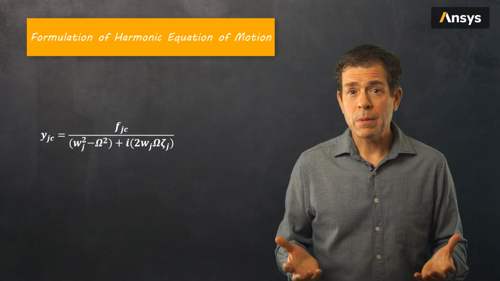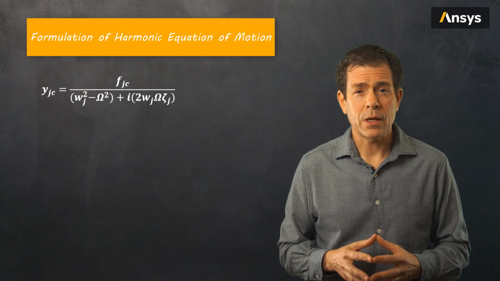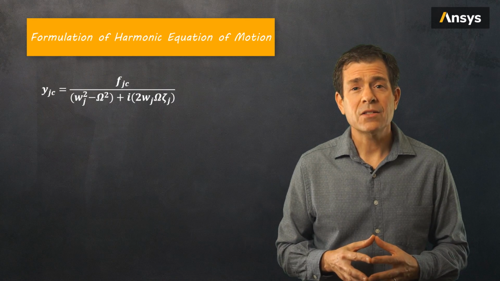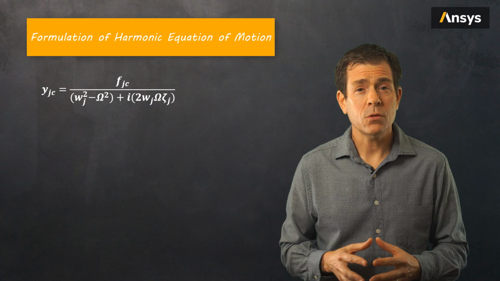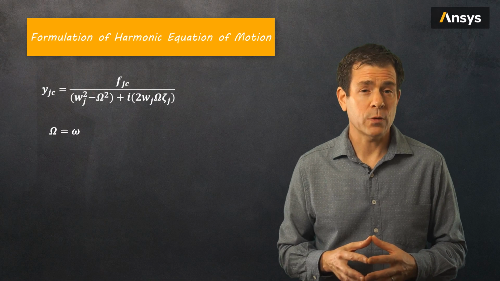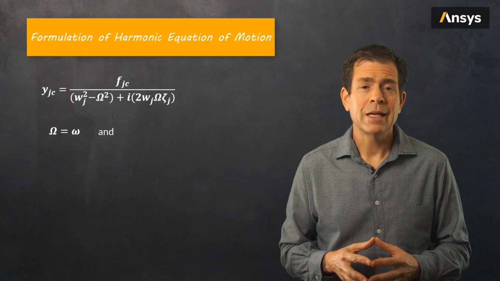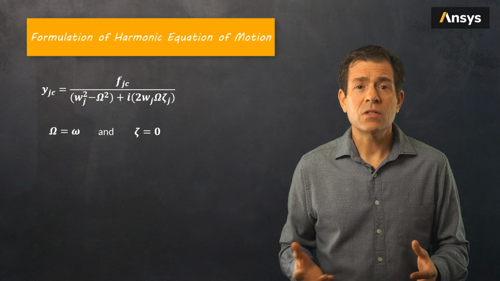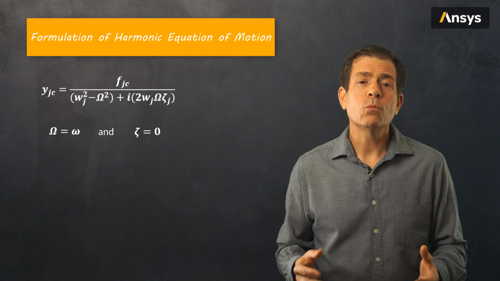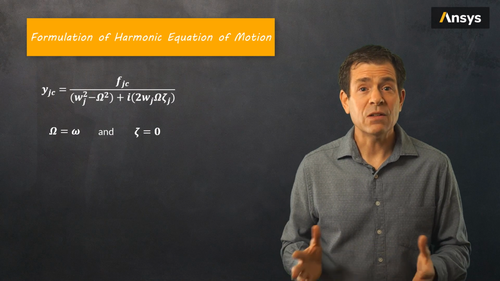A few points can be made by looking at the modal coordinates equation. When the excitation frequency, uppercase omega, is equal to the natural frequency, lowercase omega, and the damping zeta is equal to 0, then the modal coordinates y sub jc is infinite.